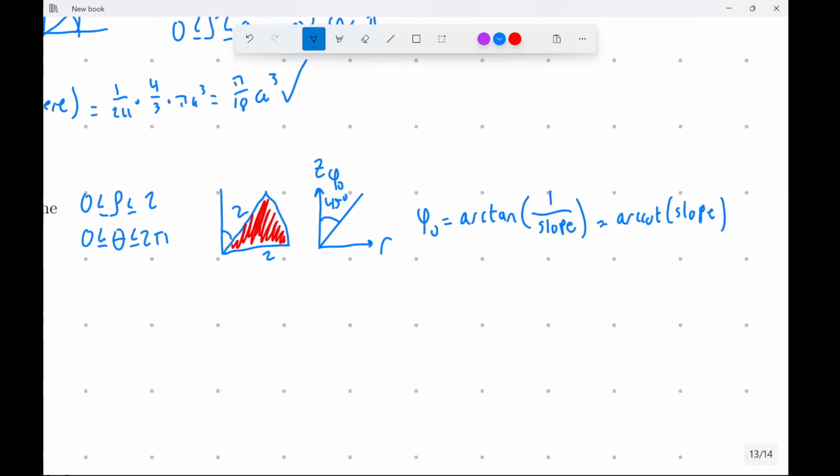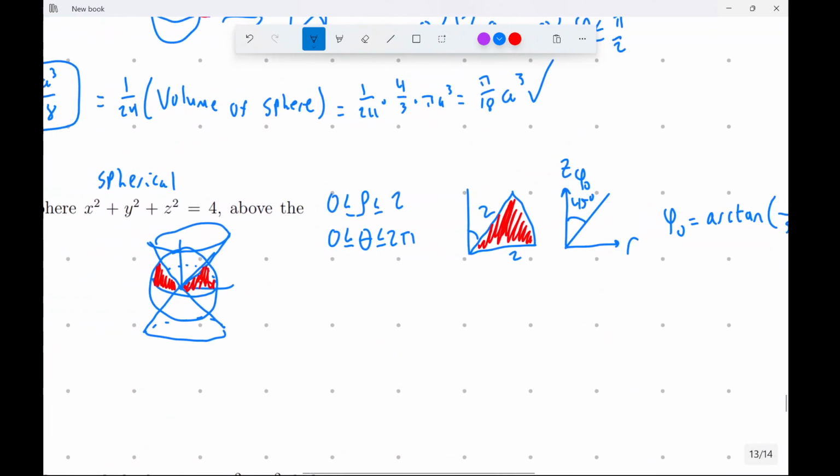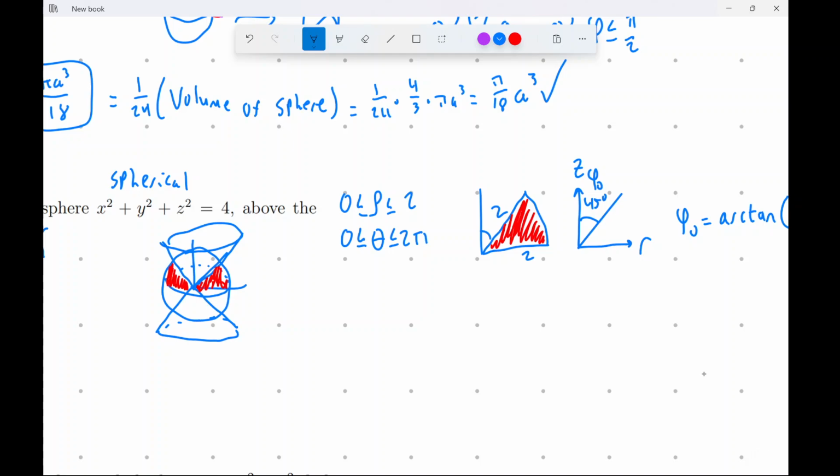But here it's relatively straightforward to get because it's just a slope of 1. Okay, and so that tells me that my phi angle starts at pi over 4 and goes up to pi over 2. All right, so that's all that.